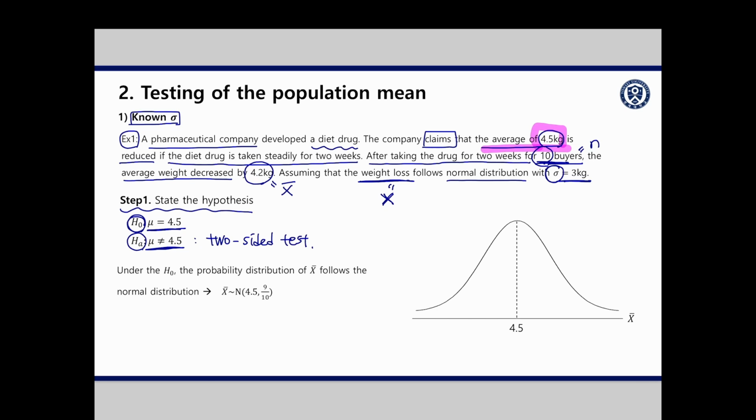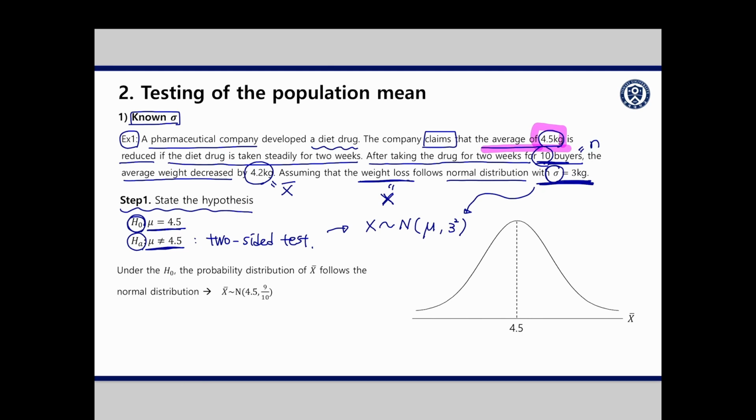Okay, so we can find that X follows a normal distribution with population mean mu and sigma equal to 3 kilograms, so the variance is 3 squared.